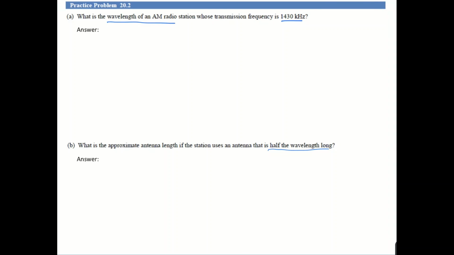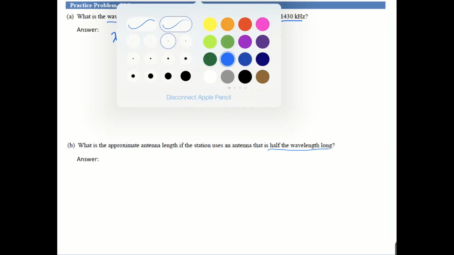Okay, now that you're back, let's recall again: lambda equals C, the speed of light, over F, the frequency. That's 3 times 10 to the 8th meters per second, all over 1,430 kilohertz. So we'll just do times 10 to the 3rd hertz. Hertz gives us 1 over s.